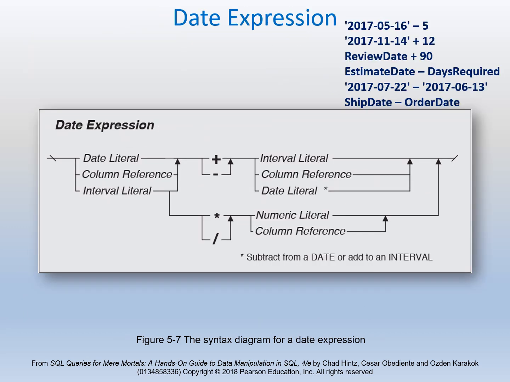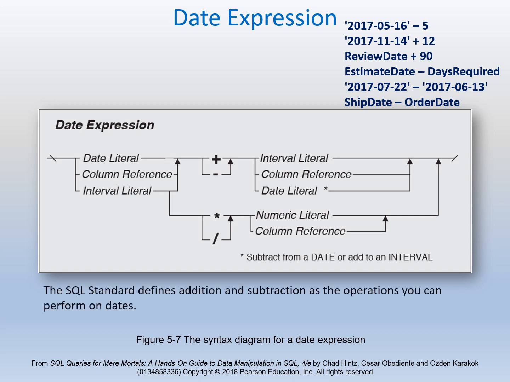For the date expression, which is simply, again, operations that are performed on a column with the data type date, or with a literal, which is also a date. The SQL standard defines addition and subtraction as the operations you can perform on dates.